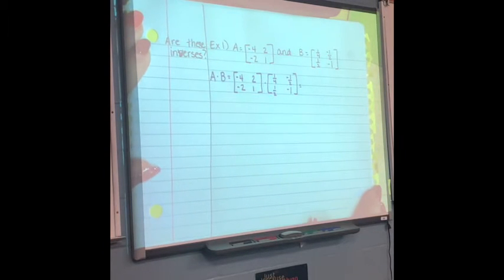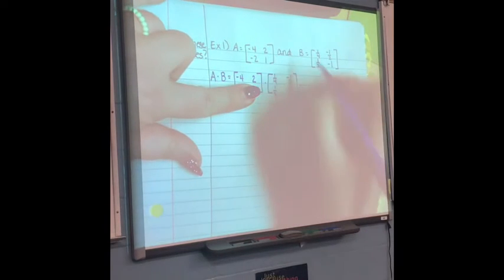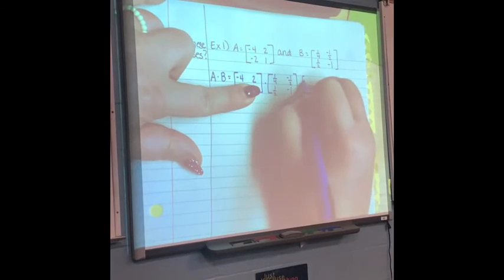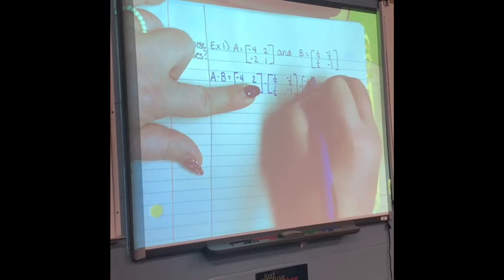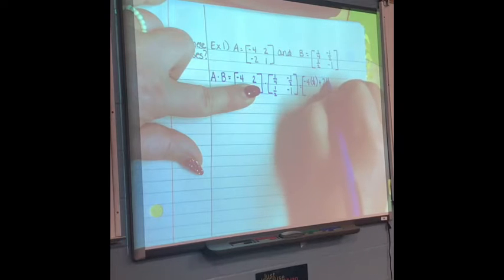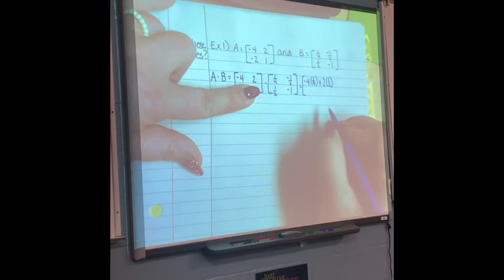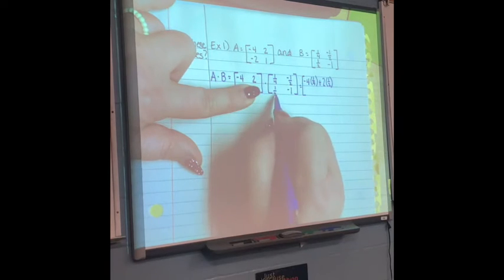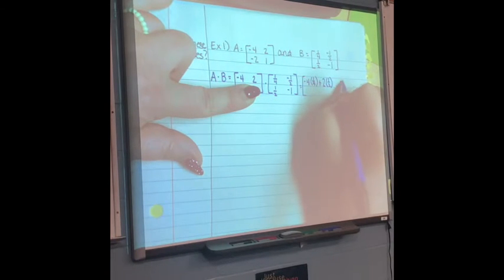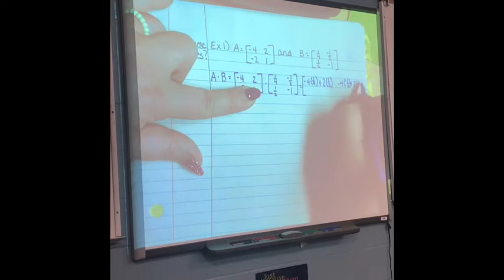And how do I multiply them? Rows to columns. So -4 times 1/4 plus 2 times 1/2. That was row 1, column 1. Now I'm going row 1, column 2: -4 times -1/2 plus 2 times -1.